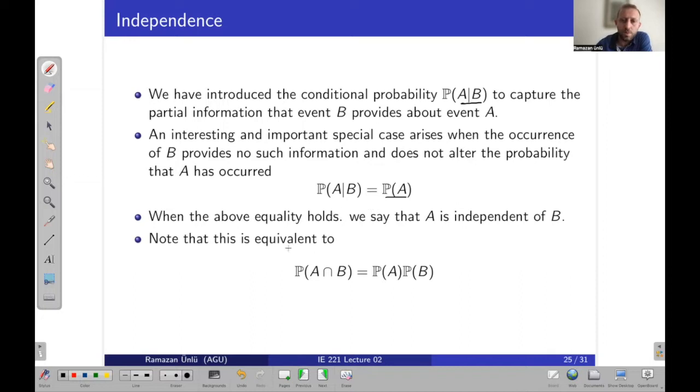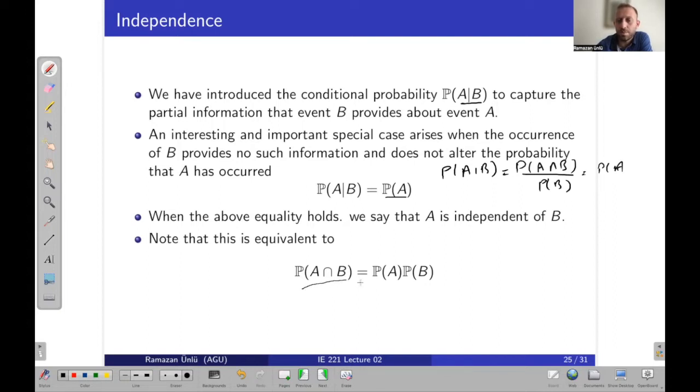And also, I can rewrite this formulation as P(A given B) is equal to P(A intersect B) divided by P(B), and this is equal to P(A). So I can write this one, right?